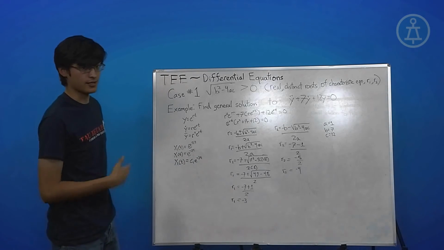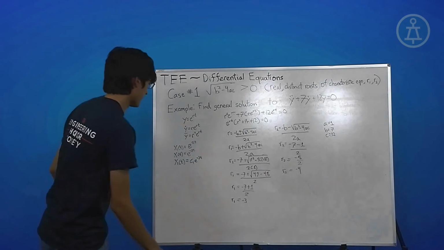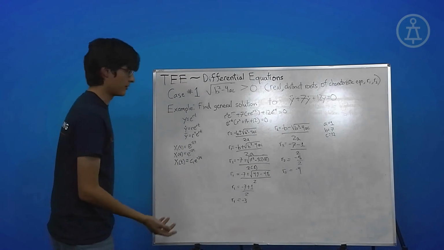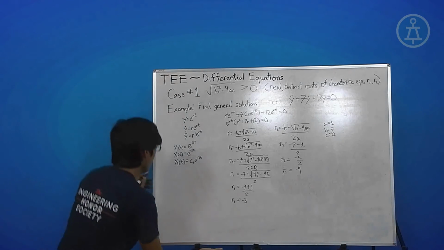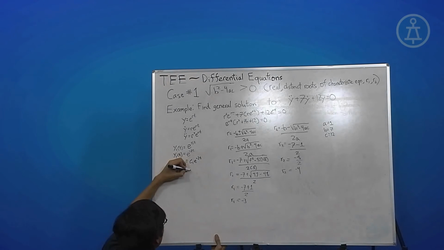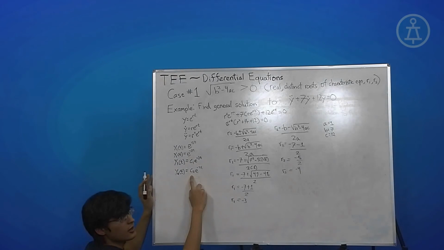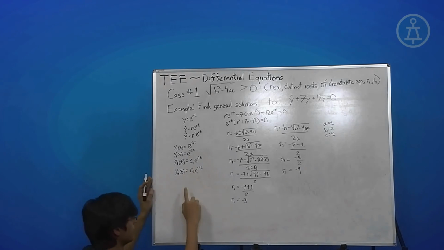We can obtain our second set of solutions by looking at r2, the second root of the characteristic equation. We know that the second set of solutions must be of the form c2 e to the negative 4t, where negative 4 is the second root and c2 is an arbitrary constant just like c1.